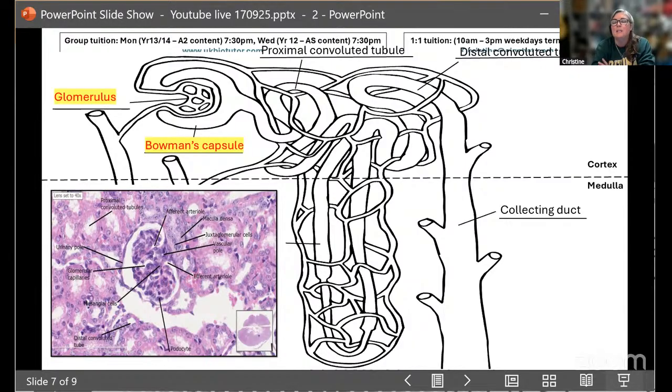So proteins being found in your urine is actually an indication that something is wrong with your kidneys. Erythrocytes, no, erythrocytes shouldn't get through either because erythrocytes are quite big. So if you're getting blood in your urine, that's a bad thing. Again, that's an indicator that there's something wrong.